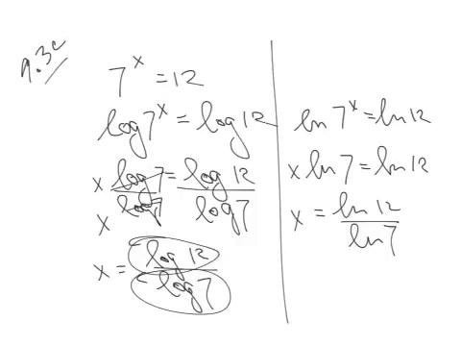Alright, so let's go to example number 8. Now example number 8, if you notice there, also has a variable in the exponent. So we are going to end up taking the logarithm of both sides. That's a point.